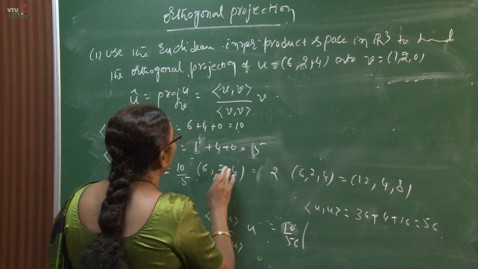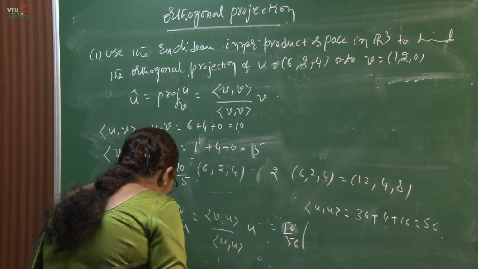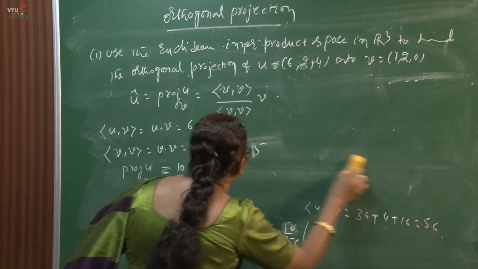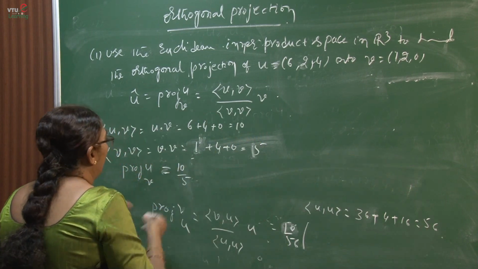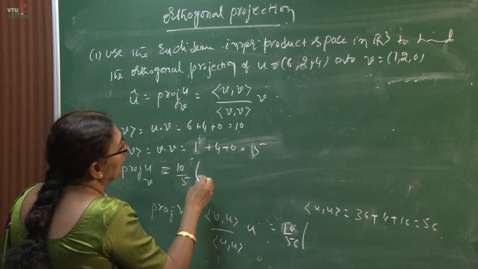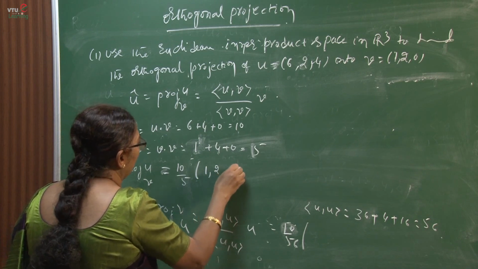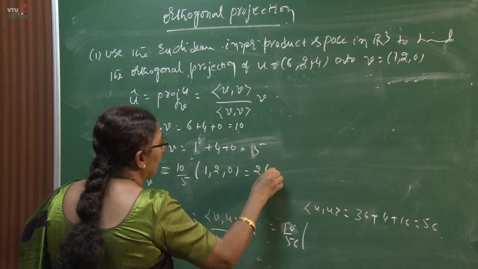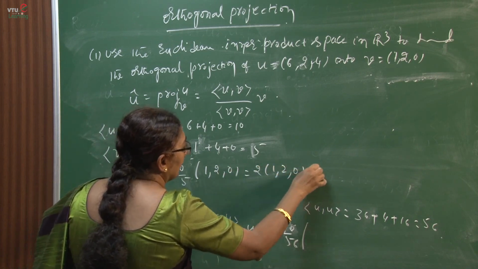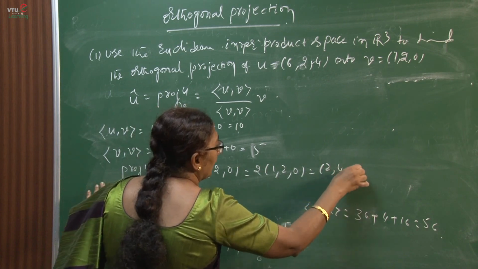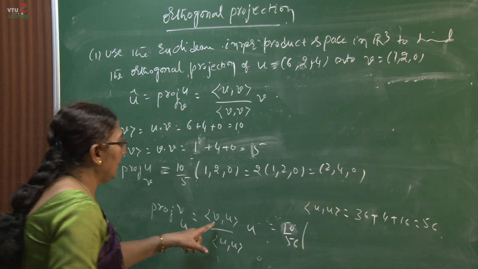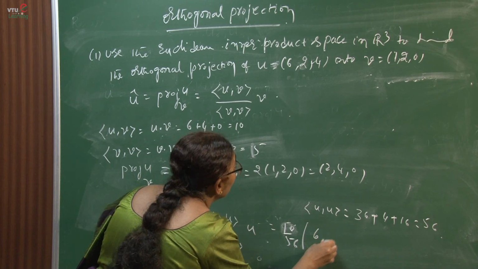Here I have to write v, again I made a mistake. Here I have to substitute v, 1 comma 2 comma 0. What is that? 2 into 1 comma 2 comma 0 is 2 4 0. Sorry, and then here I have to substitute 6 2 4.